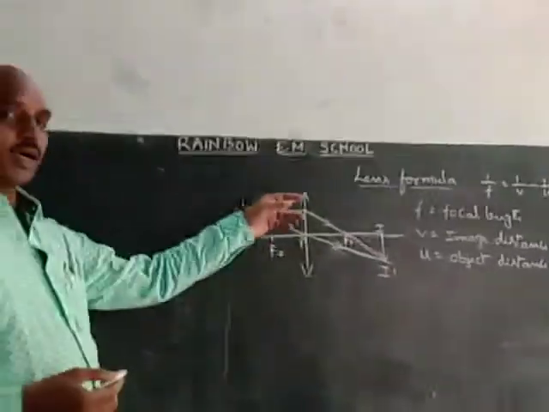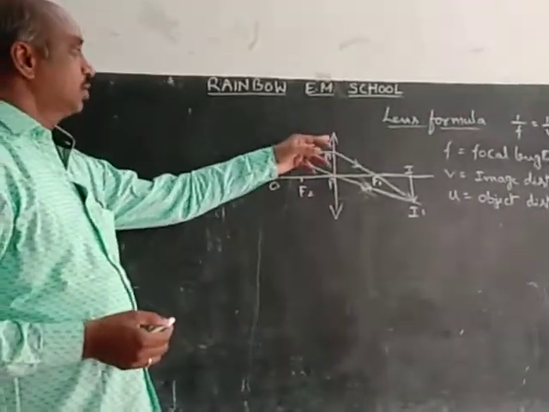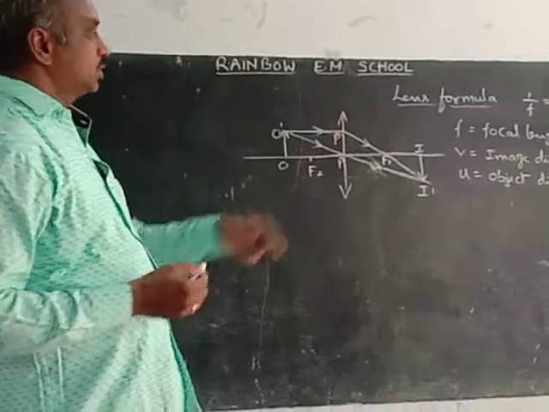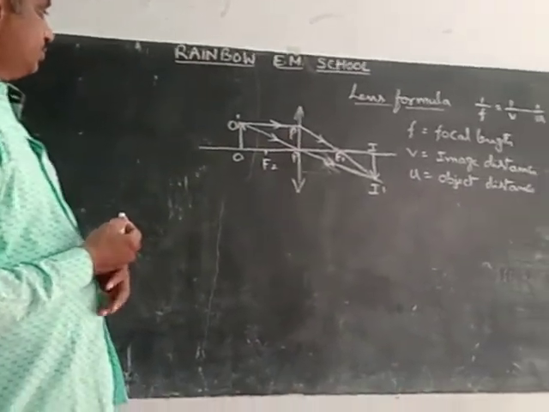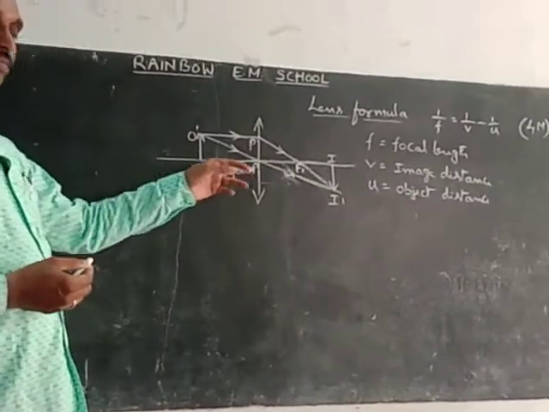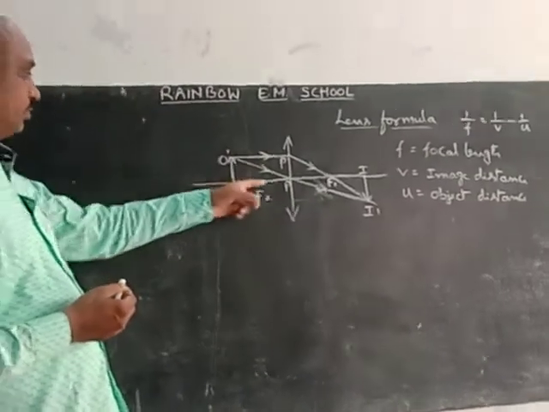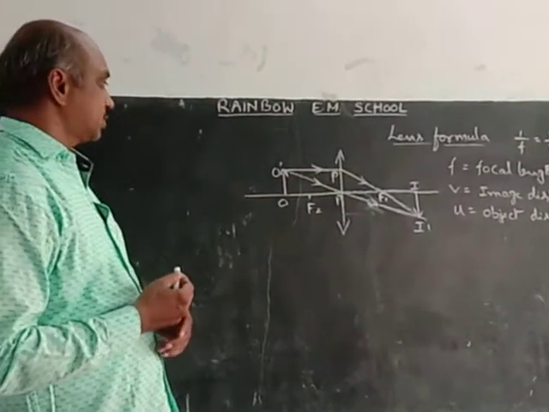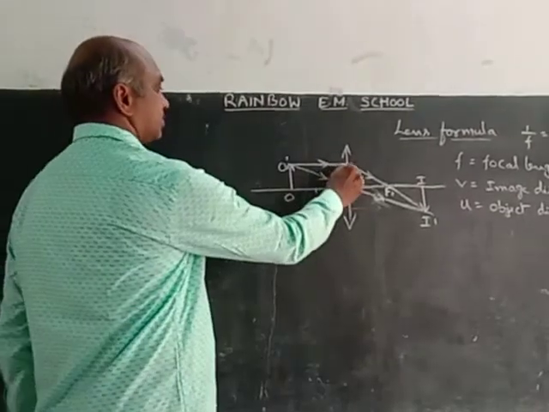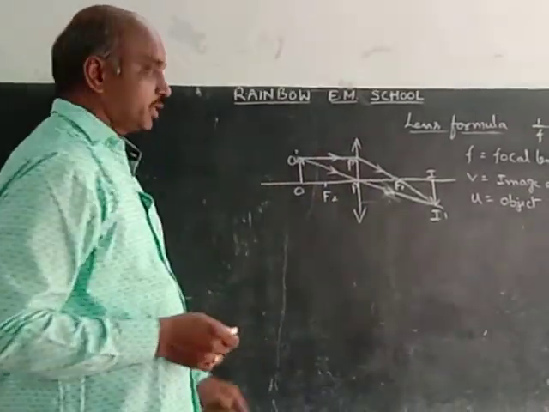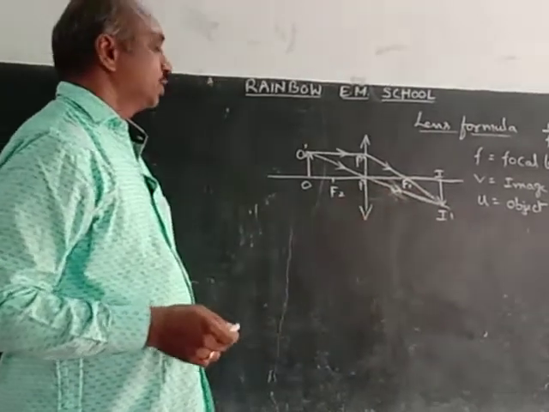See, this is the convex lens. This symbol, the upward downward arrow, is a convex lens. Here F1, F2 are the foci, and P and P dash are optic centers. Here OO dash is the object, II dash is the image.